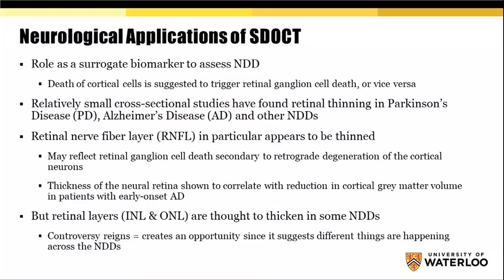Thickness of the neural retina has also been suggested to correlate with a reduction in grey matter volume in patients with early onset Alzheimer's. Some retinal layers are also thought to thicken. And there's huge controversy in this area. In many ways, the controversy actually creates an opportunity, since it suggests different things are happening across the various neurodegenerative diseases. Next slide, please.